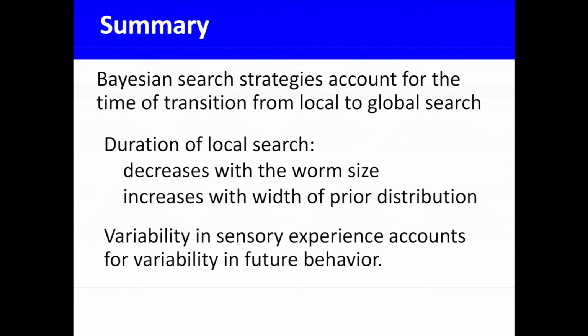One of the predictions is that it should depend on the worm size, so bigger worms should make their decision faster. And it increases with the width of the prior distribution. And the variability in sensory experience can explain the variability in future behavior. Sometimes we think that a person might behave suboptimally or in a strange way, but actually they are perfectly optimal given their past sensory experience.